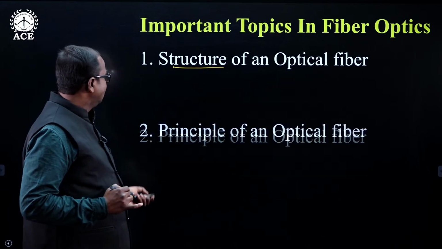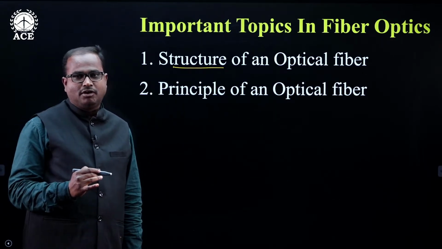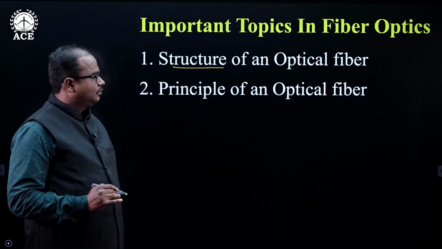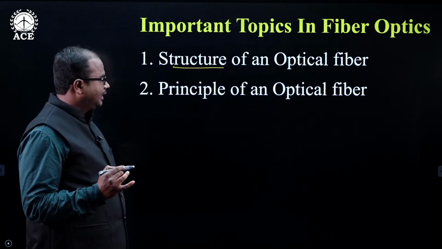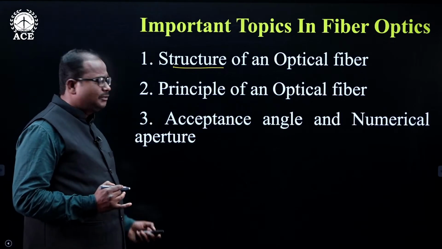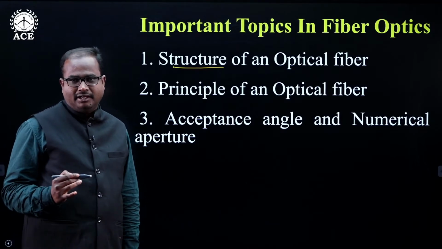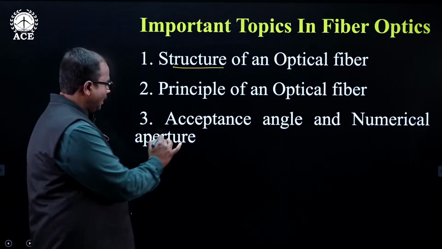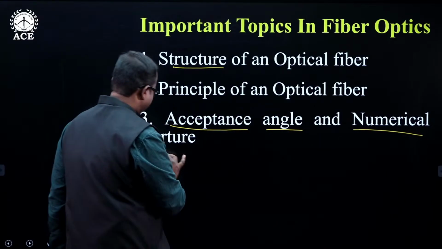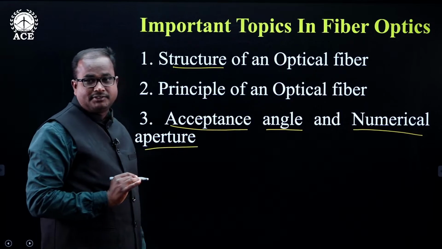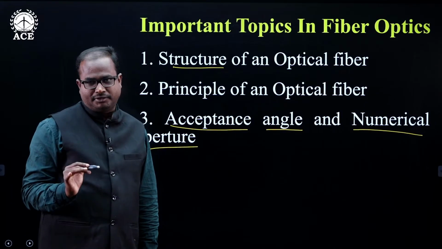And what is the principle involved in the working of an optical fiber? The third one is acceptance angle and numerical aperture. This topic is very important, and this derivation is very important.